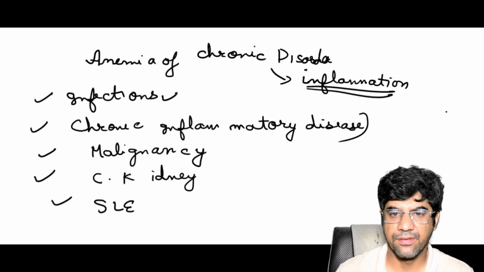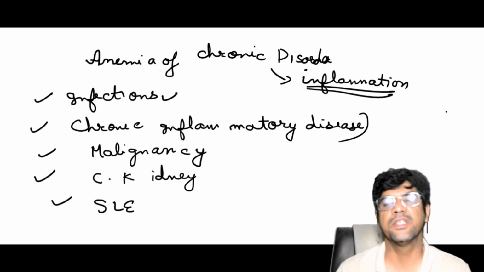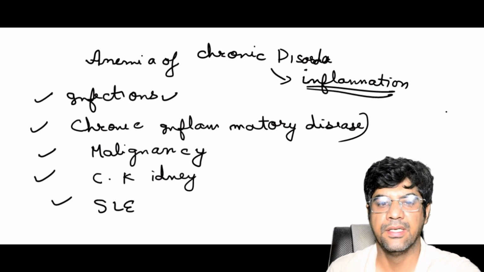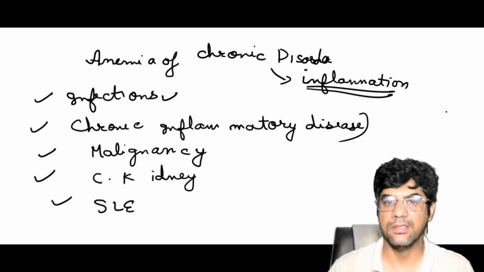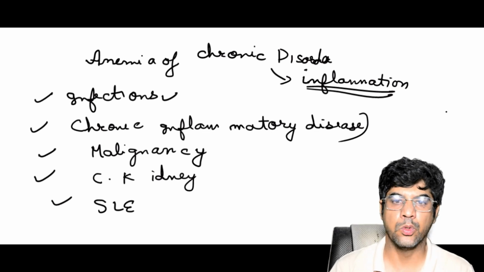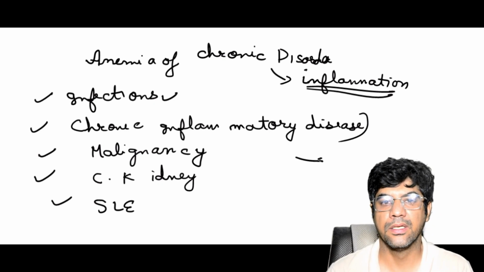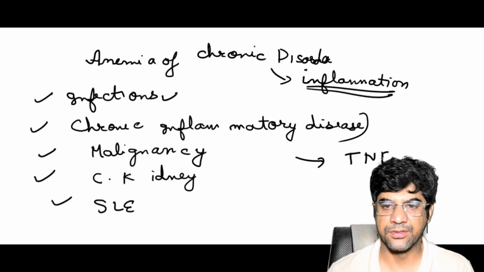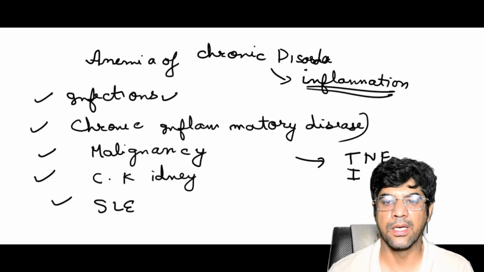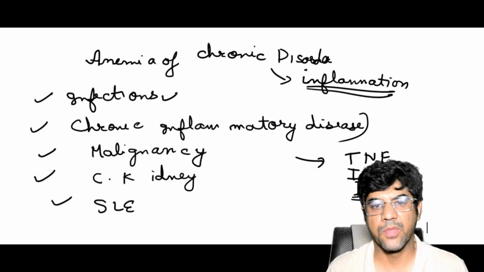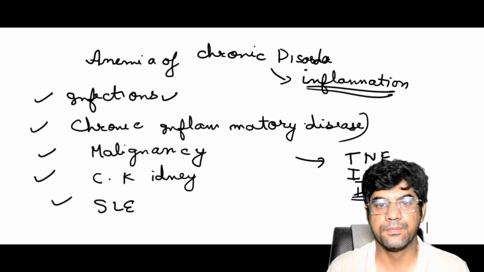Now, despite the presence of adequate iron stores, there is a functional iron deficiency where iron is sequestered in the macrophages, which occurs due to the increased activity of iron binding proteins like lactoferrin. There are cytokines like tumor necrosis factor, interferon beta, and interleukin 1 that are released during this chronic inflammatory state.